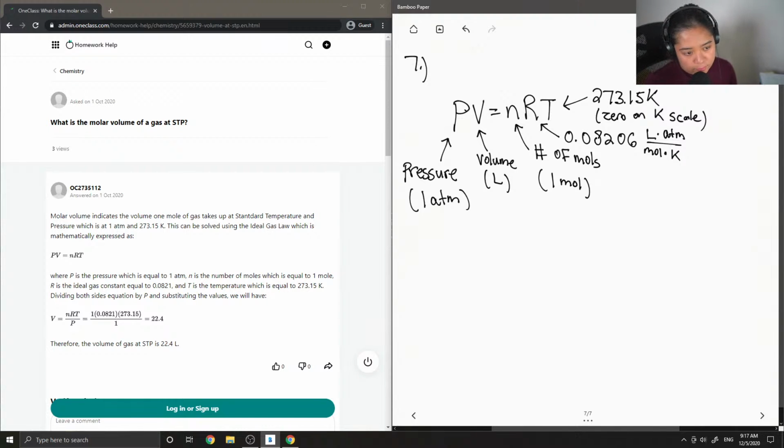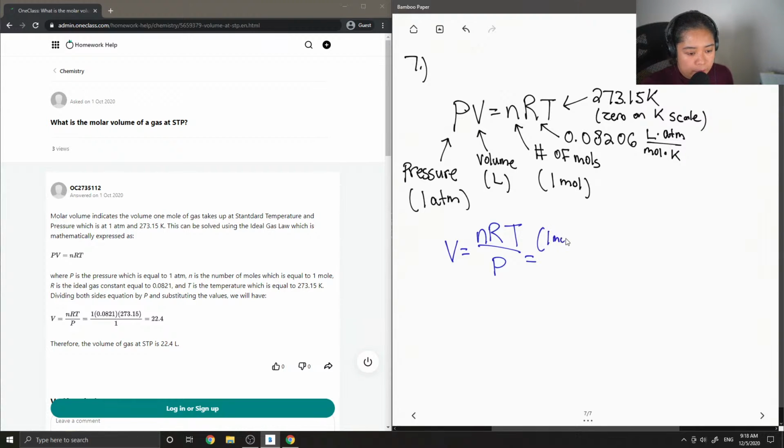Now let's solve for the molar volume by rearranging the equation to get volume equal to nRT over pressure. So let's sub in all of our variables.